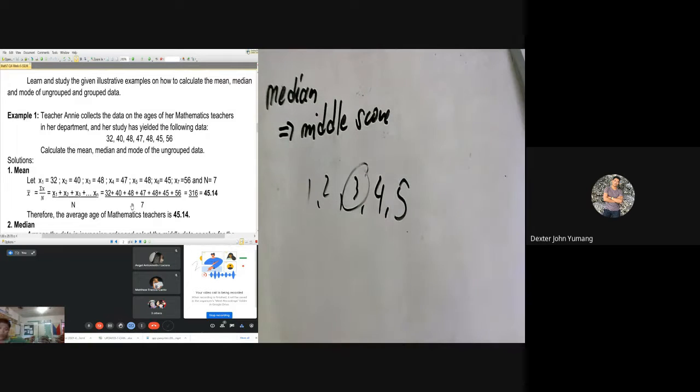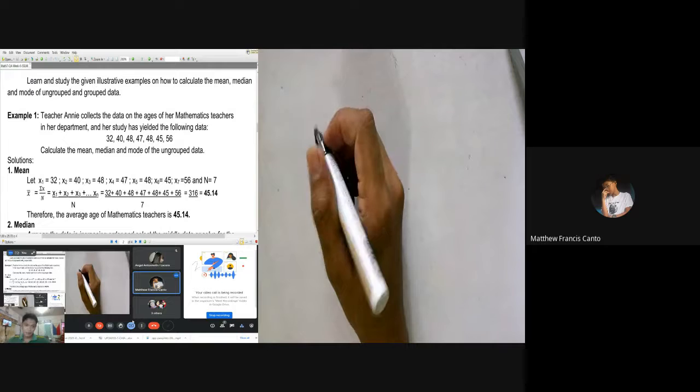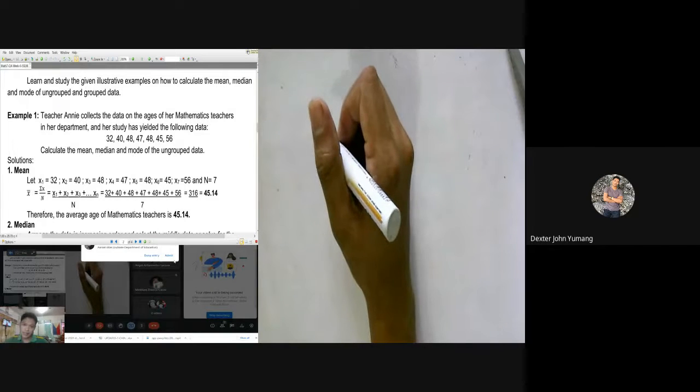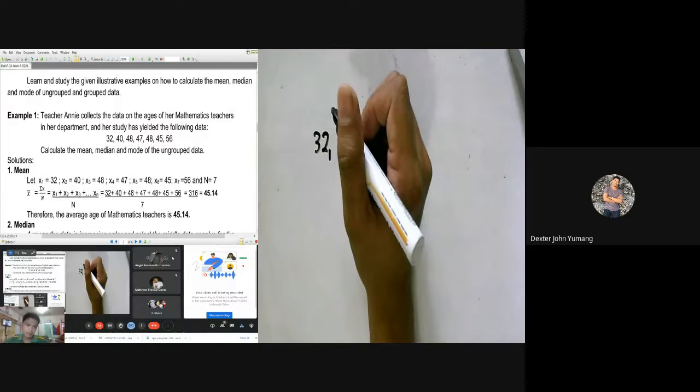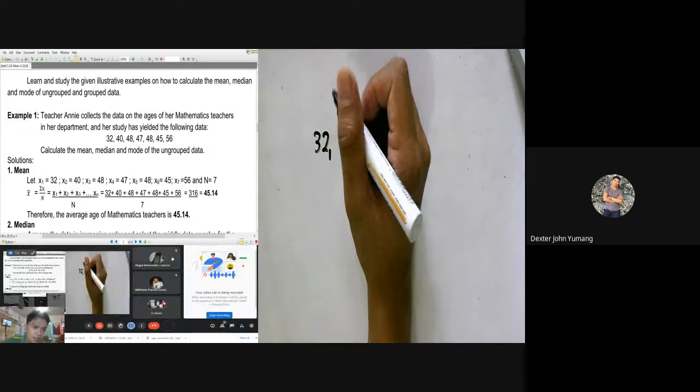Now please identify what is the smallest number there. Because the first step to do is we are going to arrange it from smallest to the biggest. What is the smallest number? 32. Yes, we have 32. Next, 40.